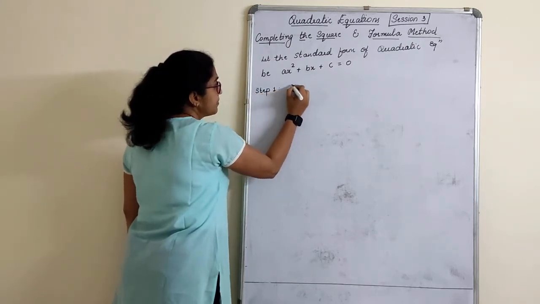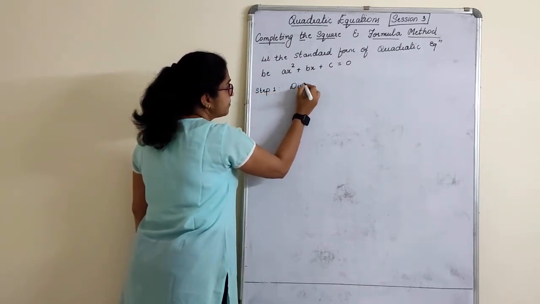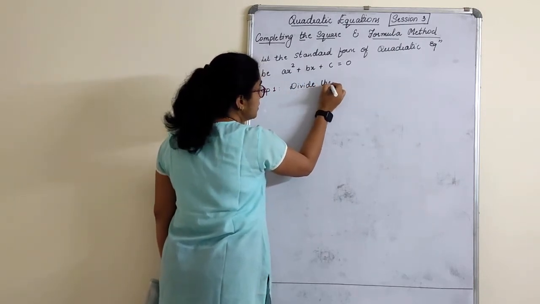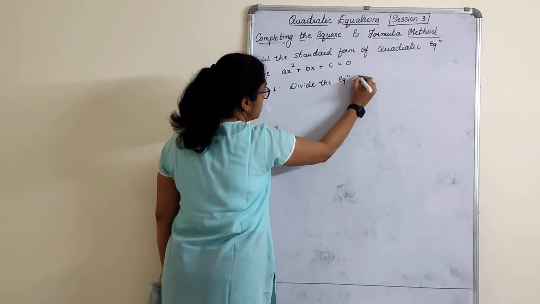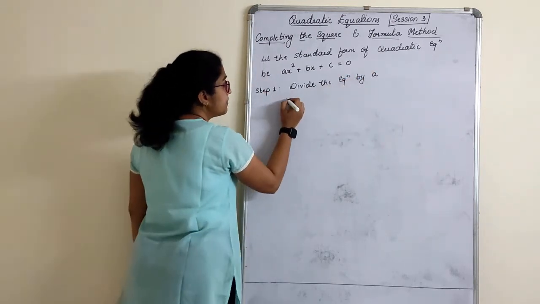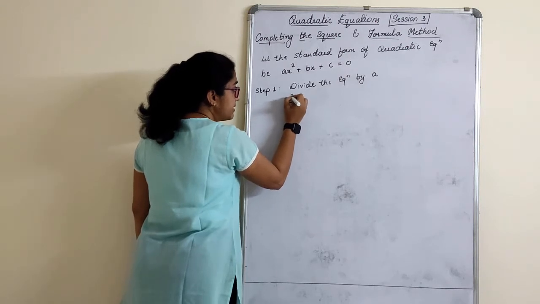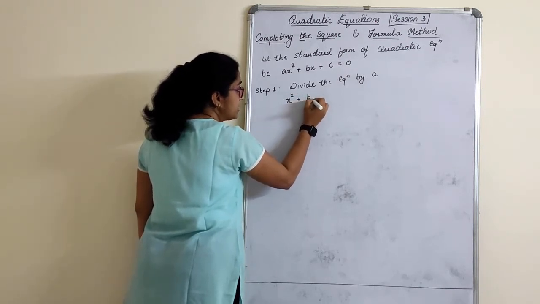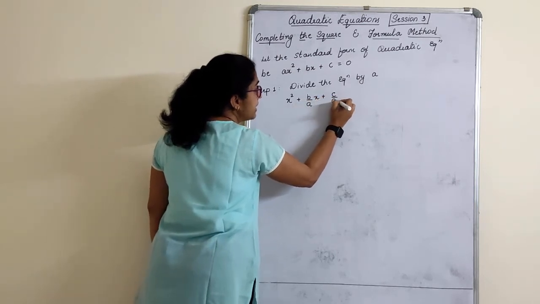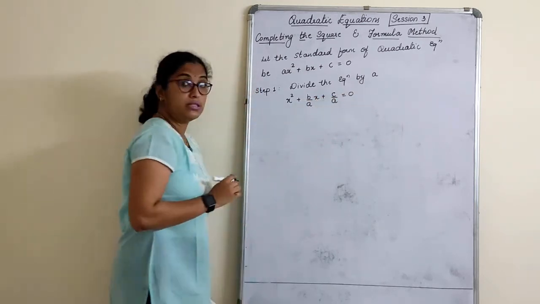Step 1: divide the equation by a. When you divide by a, you get x square plus b by a of x plus c by a is equal to 0.